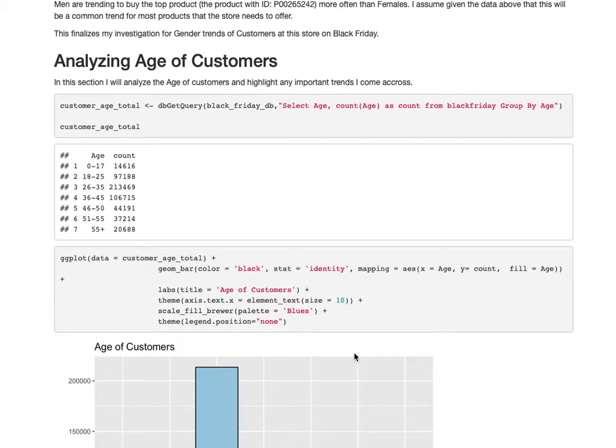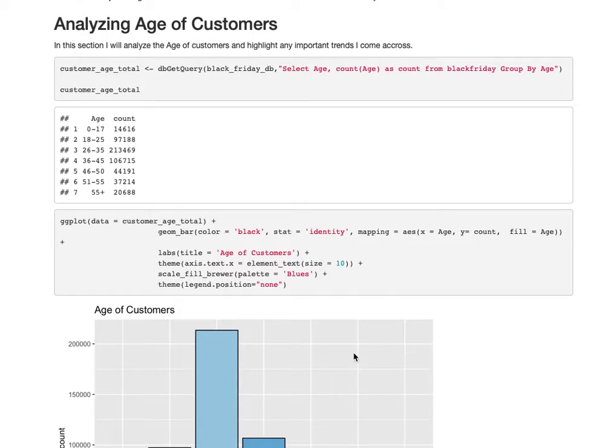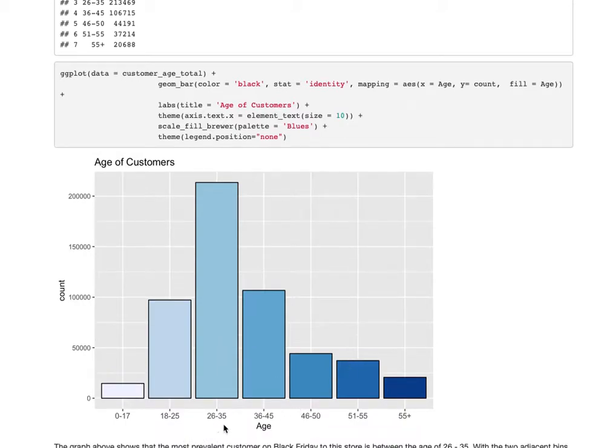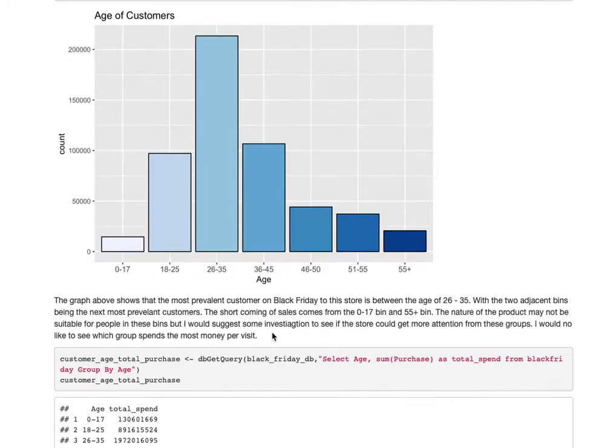So the next one that I analyzed was age. I wanted to see who was the most frequent customer to the store on Black Friday. The most frequent customer was a customer between the ranges of 26 and 35 years old, with 0 through 17 and 55 plus being the least frequent customer for Black Friday transactions.